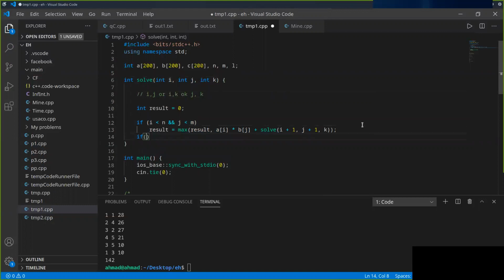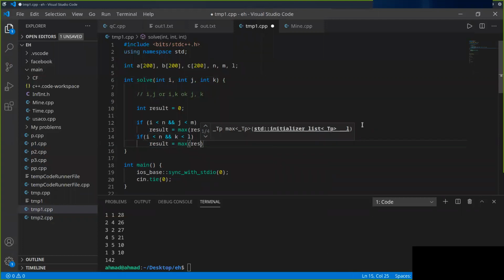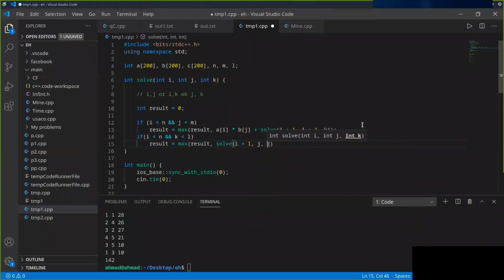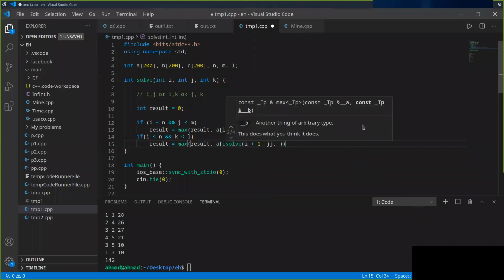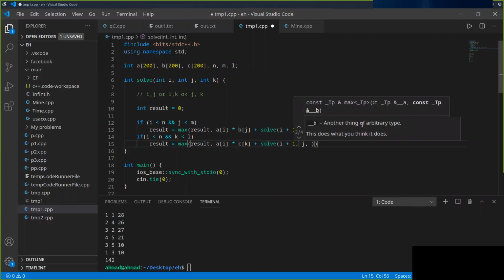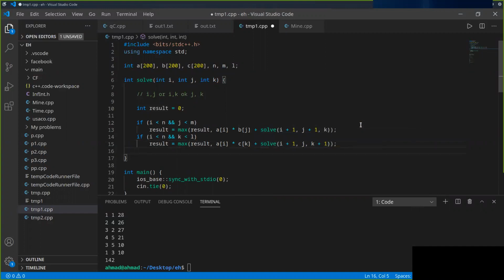So if I is less than n again, and k smaller than l, then result will be equal to max of result and a of I multiplied by c of k, plus solve I plus 1, j, k plus 1. I forgot to add the value. The last step, let's just copy paste.